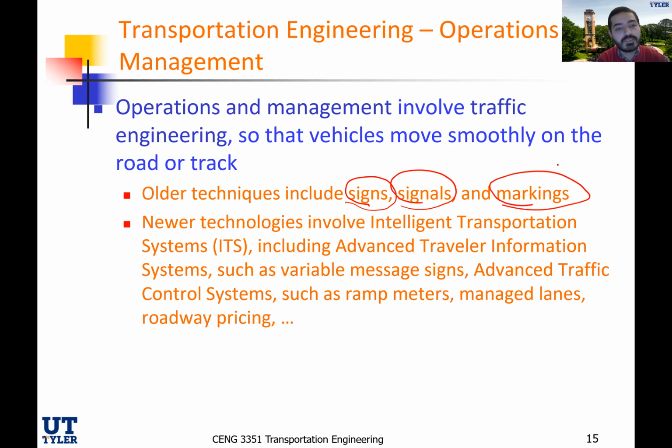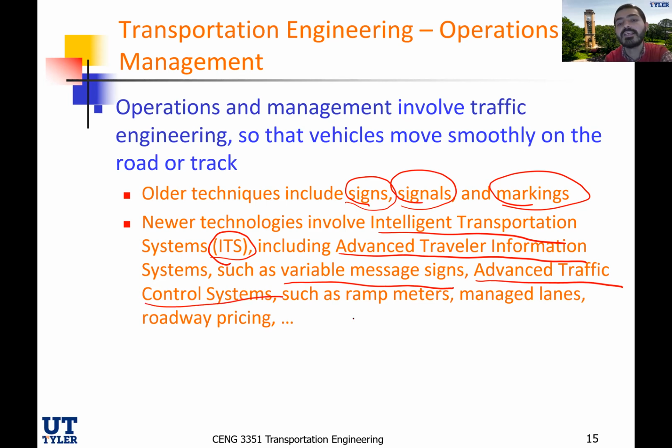Nowadays, there are even newer techniques such as the Intelligent Transportation System, the ITS, which includes advanced travel information, such as variable message signs. We can also have advanced traffic control systems, such as ramp meters. We can have managed lanes. We can have roadway pricing. We can have HOV lanes that can be HOV lanes for certain times of the day, and turn into regular lanes at another time of the day. All of these are ways to operate and manage the transportation system.